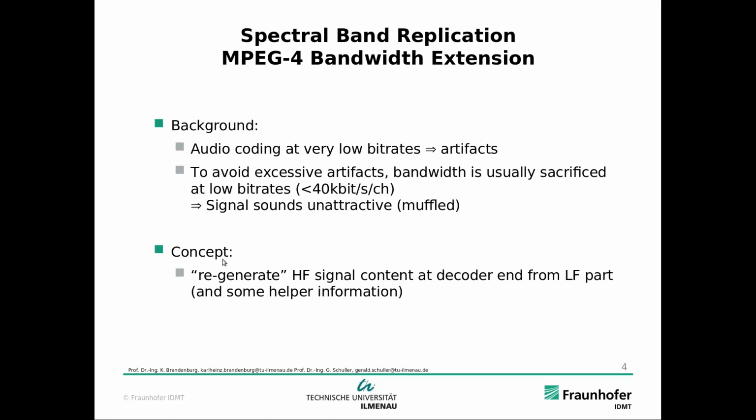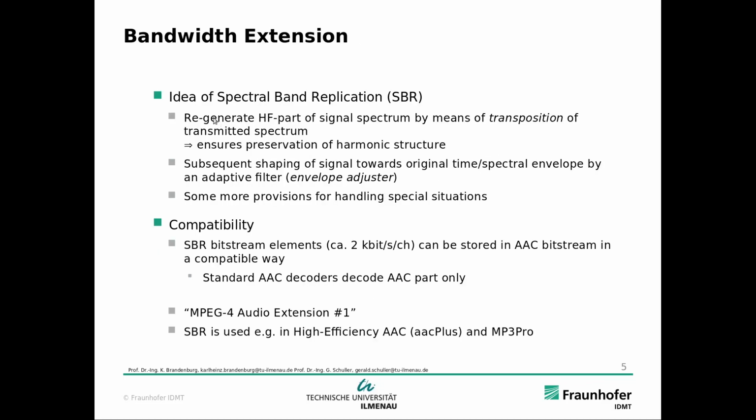The concept here is to regenerate the high frequency signal content at the decoder end from the low frequency part, together with some helper information, and this is parametric information that is sent from the encoder to the decoder. So this is the idea of spectral band replication.